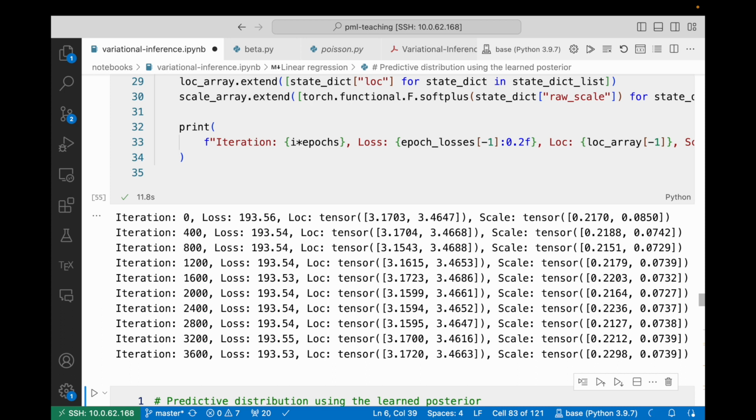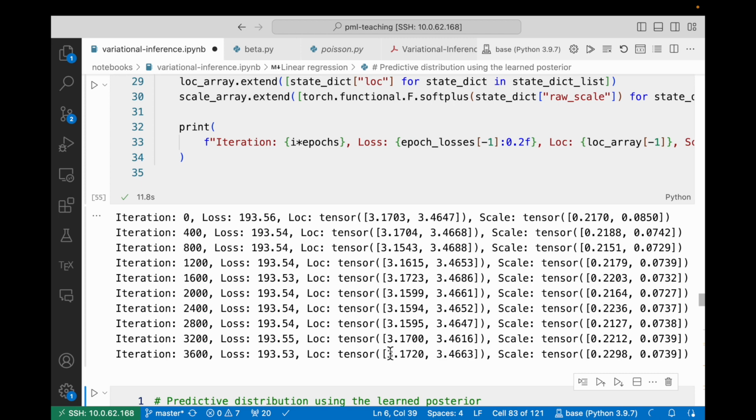In the diagonal version, if it's a 2 by 2 matrix, we'll have sigma 1, 0, 0, sigma 2, whereas in the spherical we'll have sigma, 0, 0, sigma, and the full covariance will have sigma 1 square, sigma 1 sigma 2, sigma 1 sigma 2, and then sigma 2 square. Right. So what can you see about the locations which are being learned?